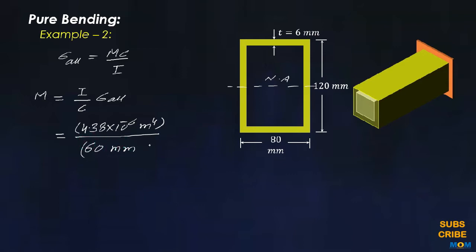The value of c is 60 millimeter, multiply with allowable, that is 138 megapascal. So after solving this, we have the value of bending moment, that is 10.1 kilonewton meter.